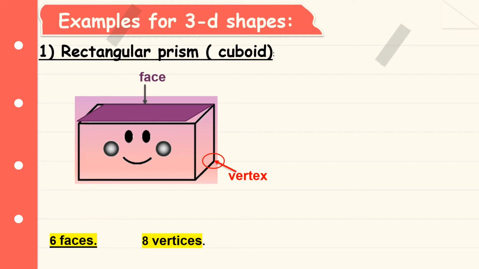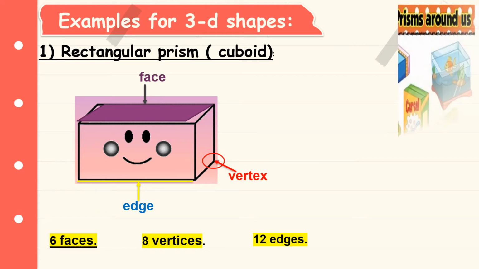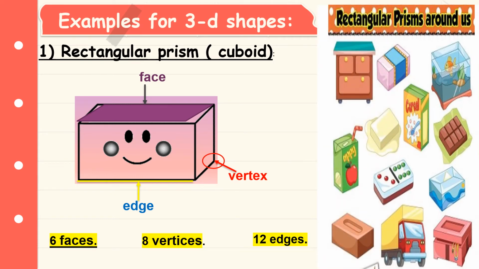And how many edges? Rectangular prism has 12 edges. And we can find some shapes like rectangular prism in our real life, like this fan and like a bar of chocolate and the bottle of juice.